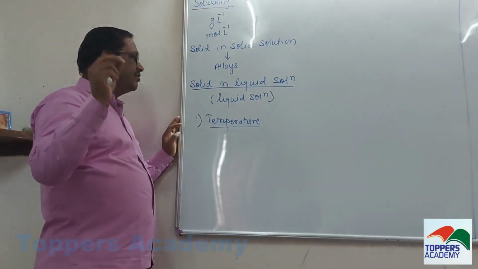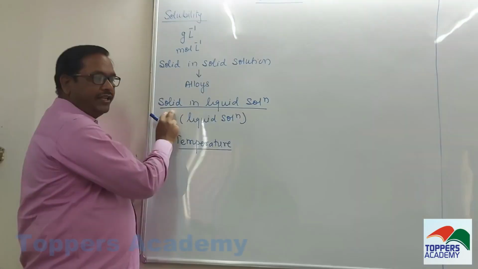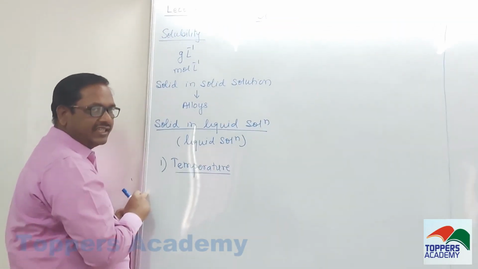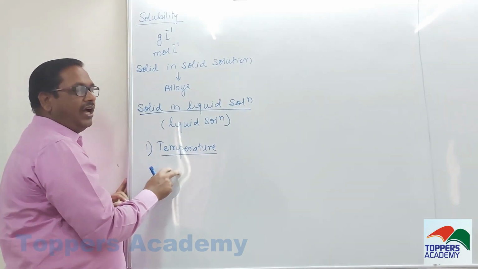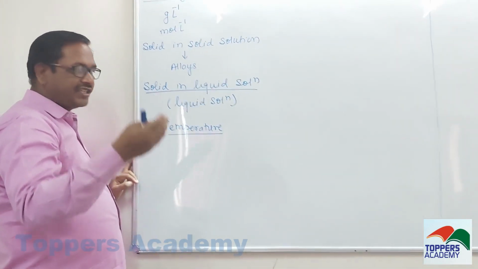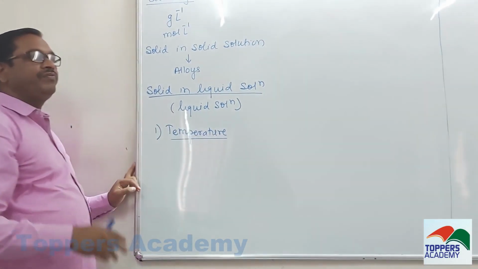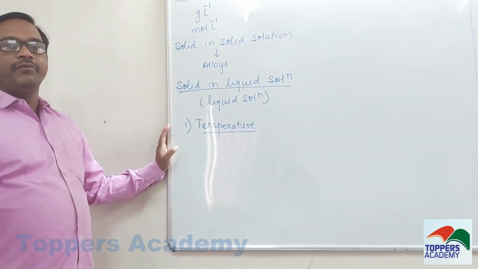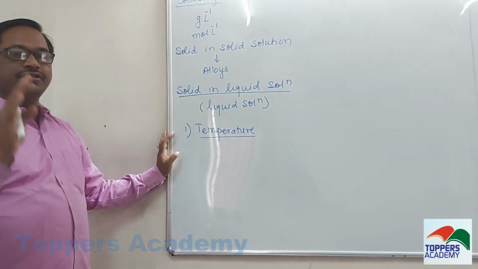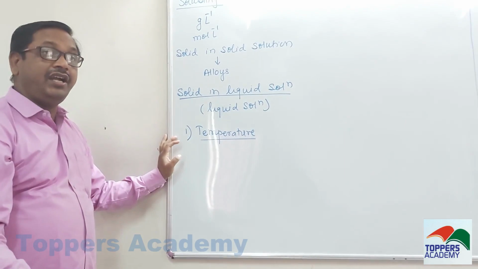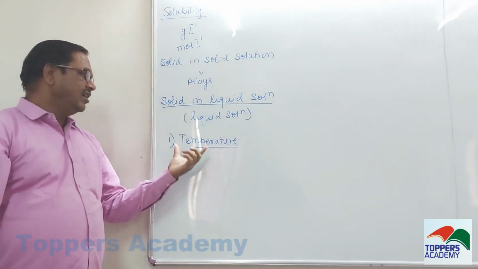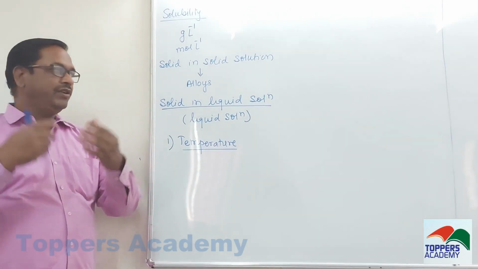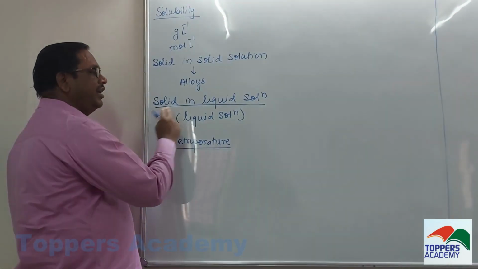When we dissolve the solid in liquid, जब आप टेम्परेचर इंक्रीज करोगे, by increasing the temperature solubility goes on increasing, means the given solute dissolves very rapidly with increasing temperature, which increases the solubility of the solid in liquid.